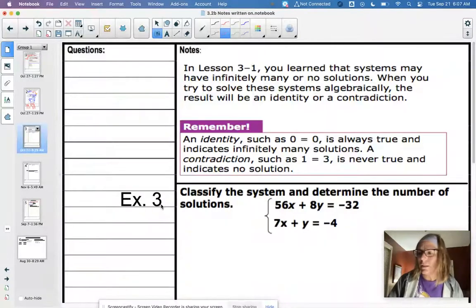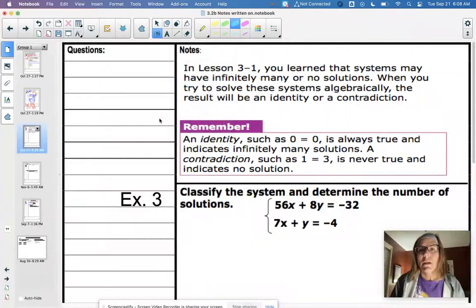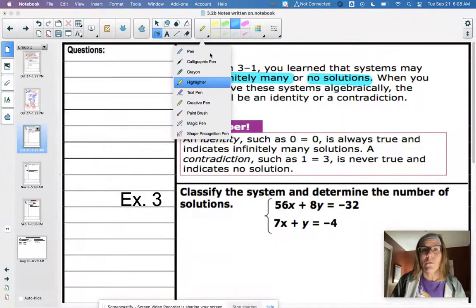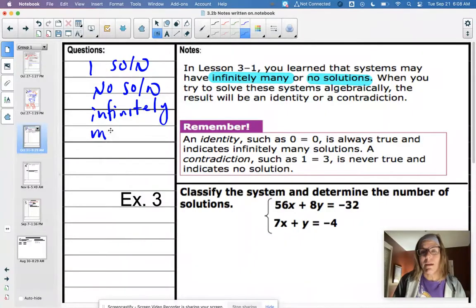So back in lesson 3.1, we learned that systems may have infinitely many or may have no solutions. So we've talked about this in class a lot. Remember, we can have one solution, no solution, or infinitely many solutions.